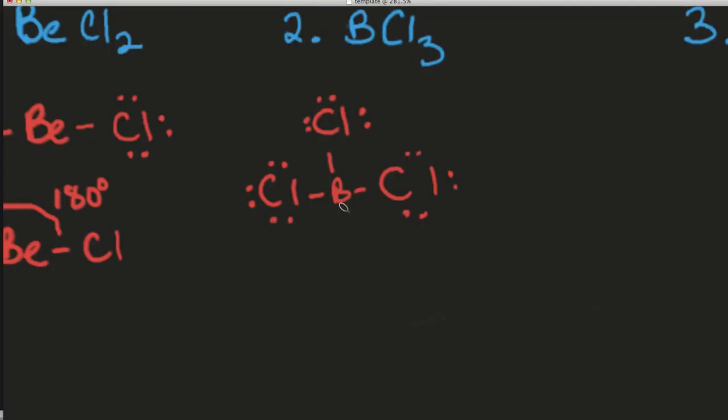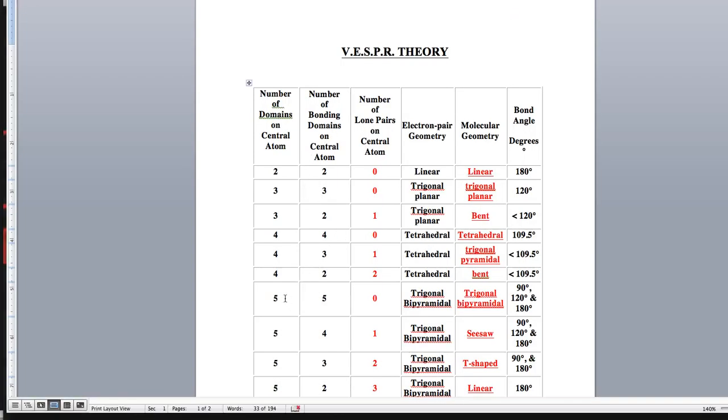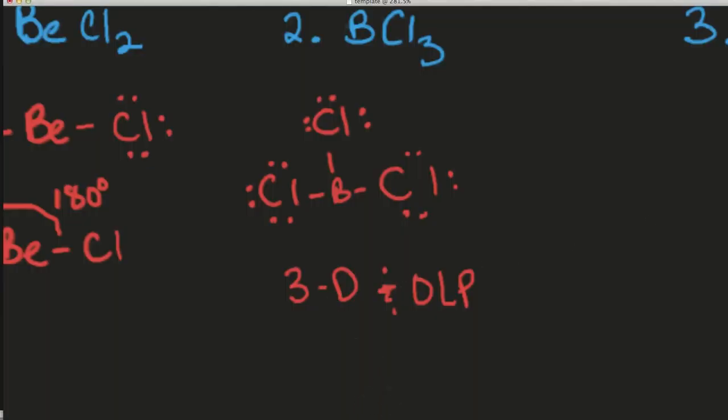So here I have 3 domains. Again, 0 lone pairs. So we should know that the molecular and the electron pair geometry are going to be the same exact thing. So 3 and 3 should be trigonal planar, and the bond angle is 120. The way we would draw that is as follows.